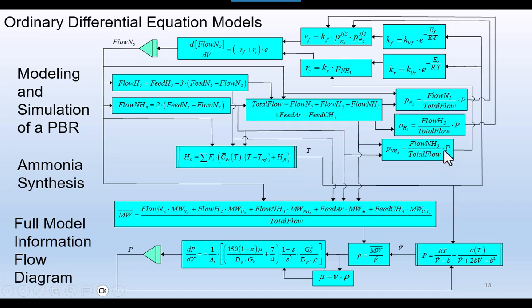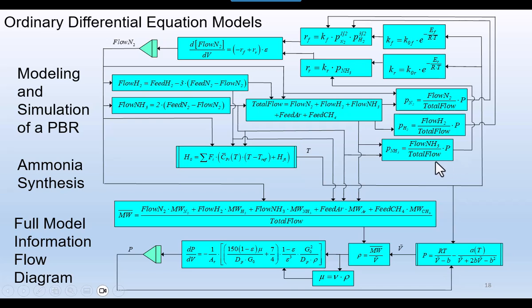But then the pressure here is no longer constant. So we have to obtain the pressure, and we do that by solving the differential Ergun equation here, and that provides us with the pressure, all right? And the pressure can then be used in these relationships up here.